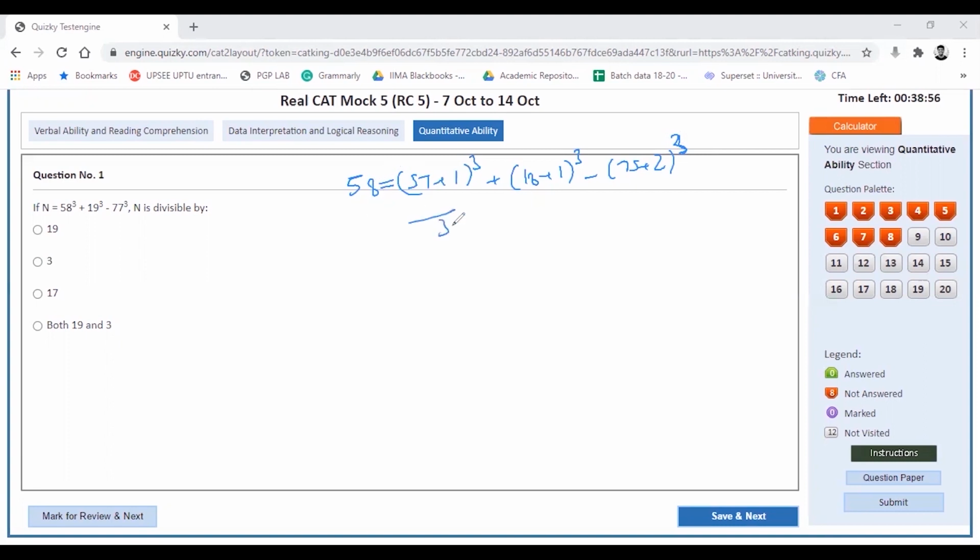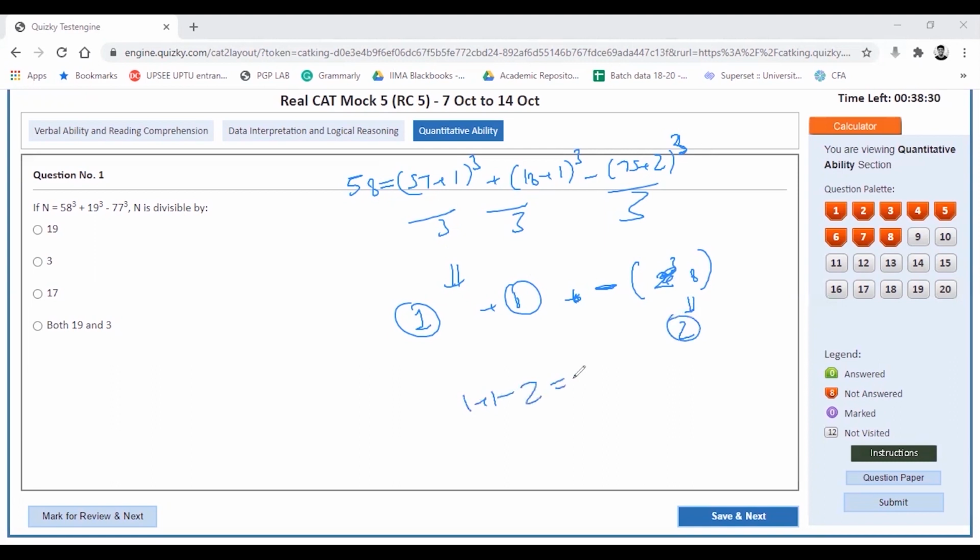So when divided by 3, each of these, now this one gives me a remainder of 1, that is in line with the binomial theorem. This again gives me a remainder of 1. Now this gives me a remainder of, I'll prefer using the minus sign, it would give me 2 to the power 3. Now 2 to the power 3, that is actually 8, that is again a remainder of 2. So 1 plus 1 minus 2, that gives me a remainder of 0.